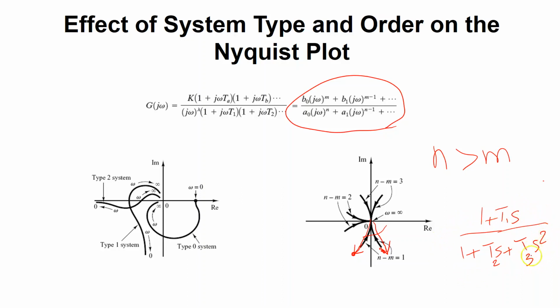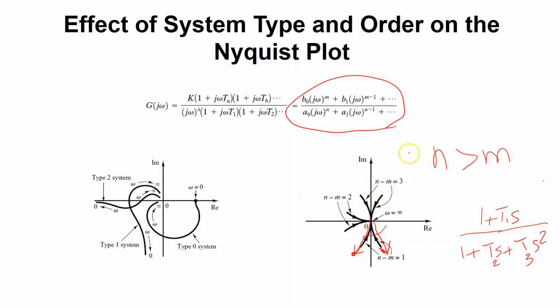And if you plot the Nyquist of this, it might look like the one here instead of this one. Well, if n minus m is 2, the ultimate phase is going to be -180. Again, whether it is always bigger than -180, or you can go to like -200 and then come back. That is for n minus m equal to 2, and then for 3, the phase is going to be -270.